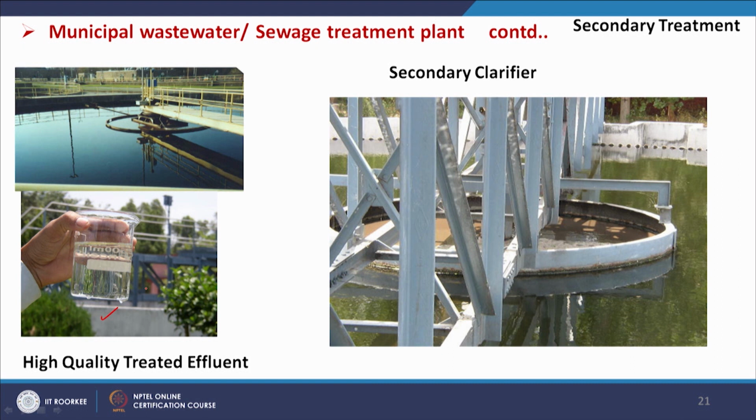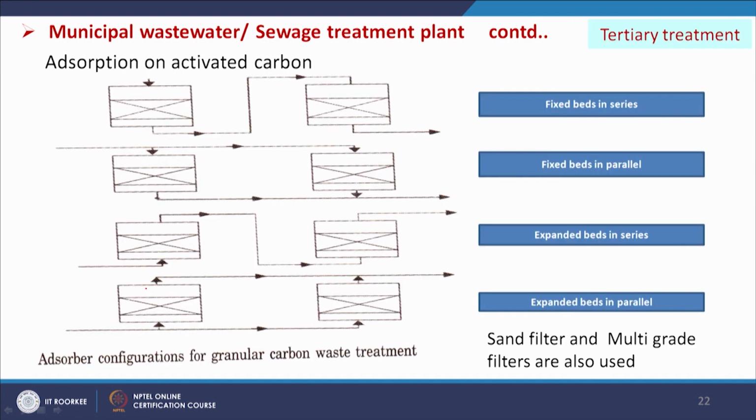After secondary treatment, the turbidity of the water reduces significantly and it appears nicely as shown here, it becomes very clear. After that, the water is to be sent through the tertiary treatment. Tertiary treatment in industry and domestic wastewater treatment plants basically uses carbon based filters and sand based or multi-grade filters.